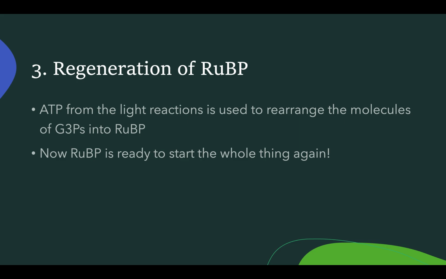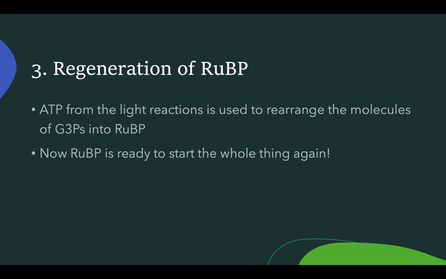All right, so we have some of that G3P having exited the cycle to make glucose. Fantastic. And then we need to use other molecules of G3P to regenerate ribulose bisphosphate. All you really need to know is we're going to use ATP energy from the light reactions to do a little molecular rearrangement and regenerate that RuBP.